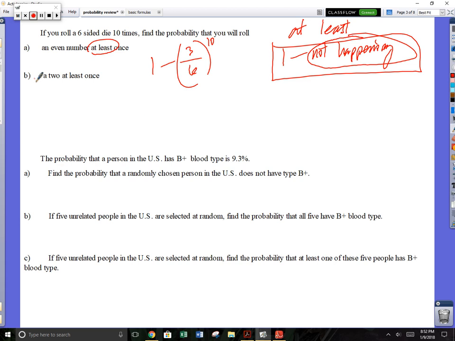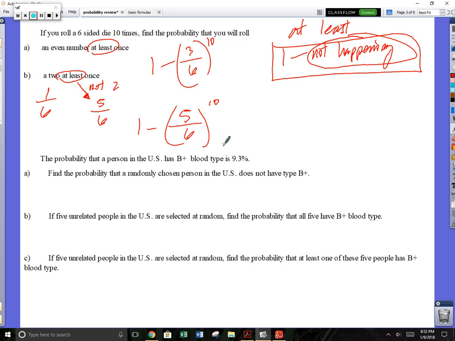Okay, let's do B. A 2 at least once. Your chances of rolling a 2 are 1 out of 6. Not a 2 are 5 out of 6. So your chances of rolling not a 2 are much better. The words "at least" mean I'm going to use the not. So same thing, I'm going to go 5 out of 6 to the 10th power, and then 1 minus that, and that will give me my odds.